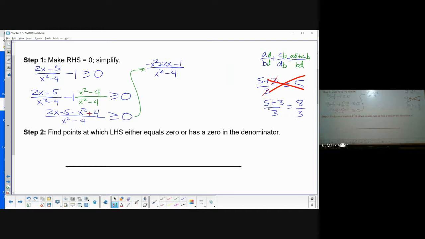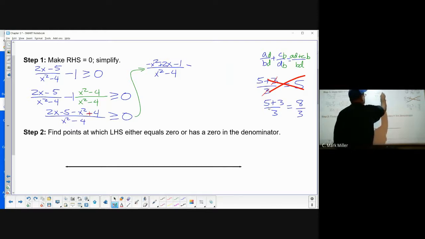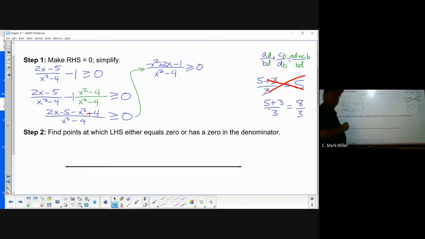And that's greater than or equal to 0. I told you we had some work ahead, right? Now, if you're smart enough, go ahead and factor. We've got to figure out where the top and bottom is 0. Now, what I would do is I would write this numerator like this. I would factor off that negative. That negative up front throws people off.